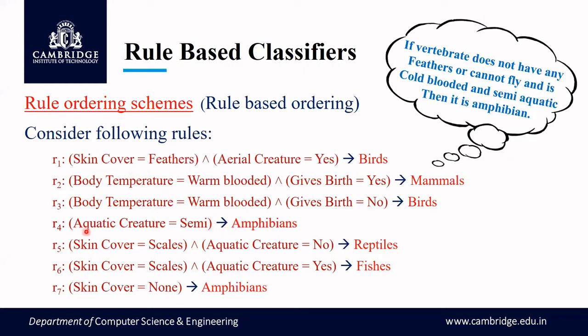So when I consider R4, the interpretation is: any vertebrate which does not have feathers, or is not an aerial creature, that is, it is not able to fly, and the body temperature is cold-blooded, and also it is semi-aquatic, then I can tell it as an amphibian. This is how the interpretation goes as the rules are listed down the order.